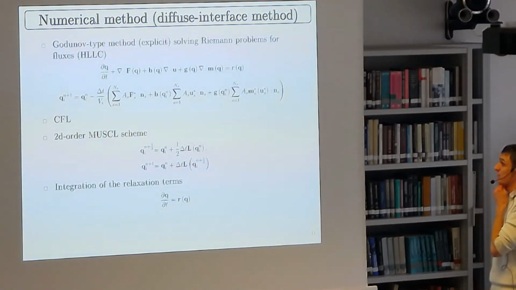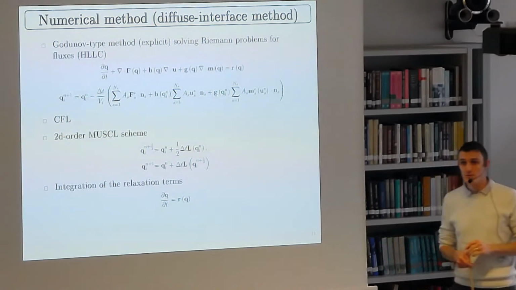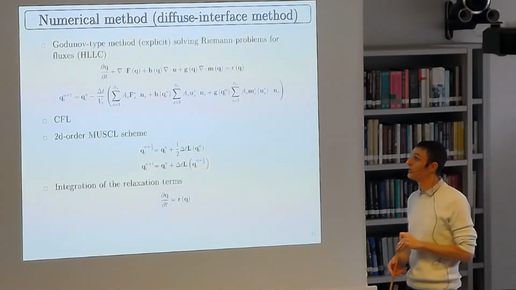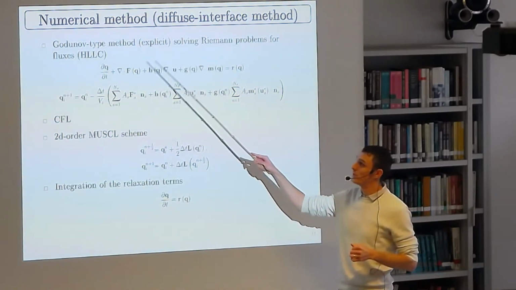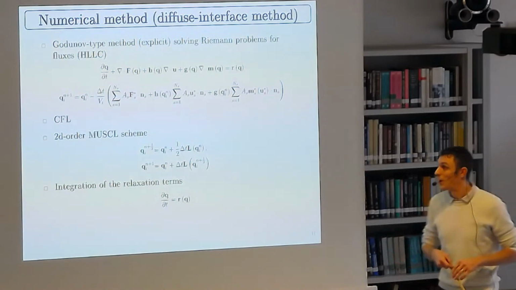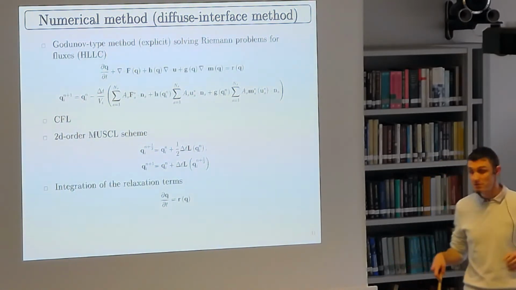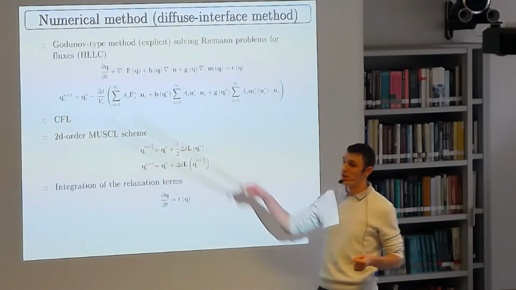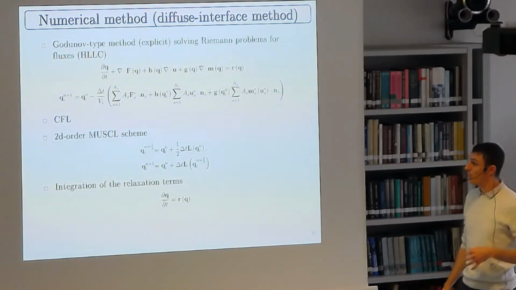Okay, so now a short slide about the numerical methods we used to solve this model. I won't extend too much on this, but we use Godunov type interfaces. We solve Riemann problems, in our case with the HLLC Riemann solver approach.